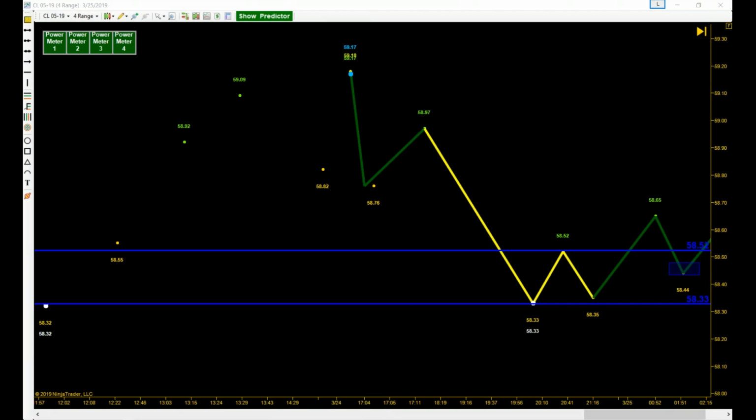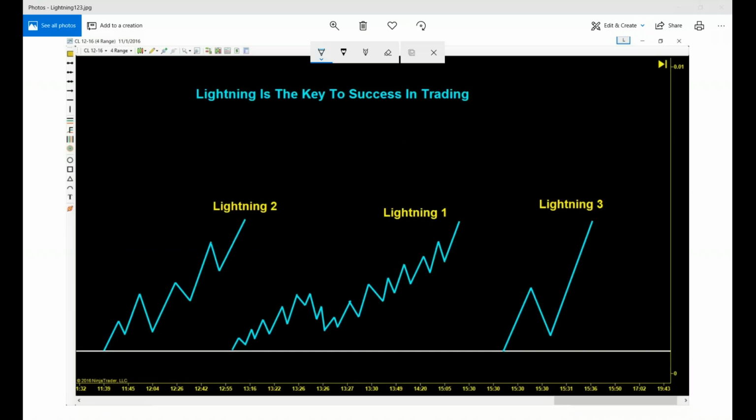Okay. So what I'm going to do right now is show this little lightning chart. Basically, what I've done is I've drawn lightning 2, lightning 1, and lightning 3 on the chart. I tried to do it as well as it is actually done, on the thrust, the retrace, thrust, and everything, so that a person can tell what's going on.